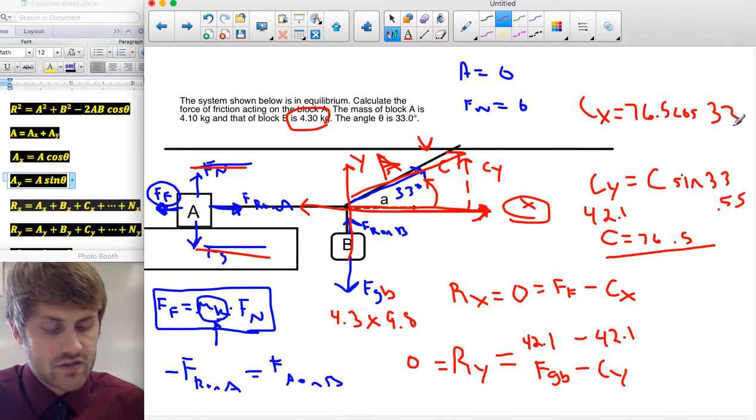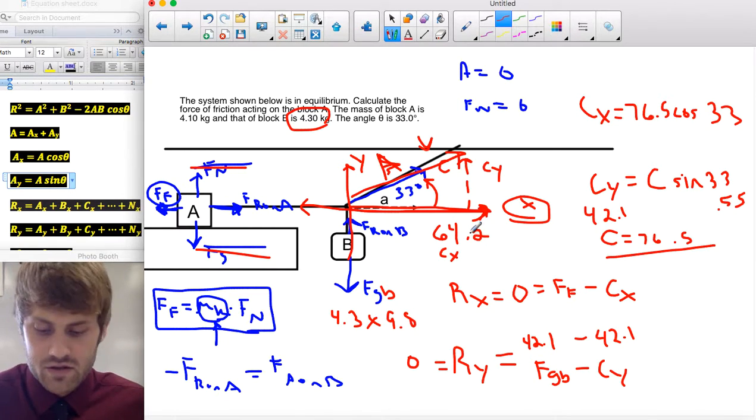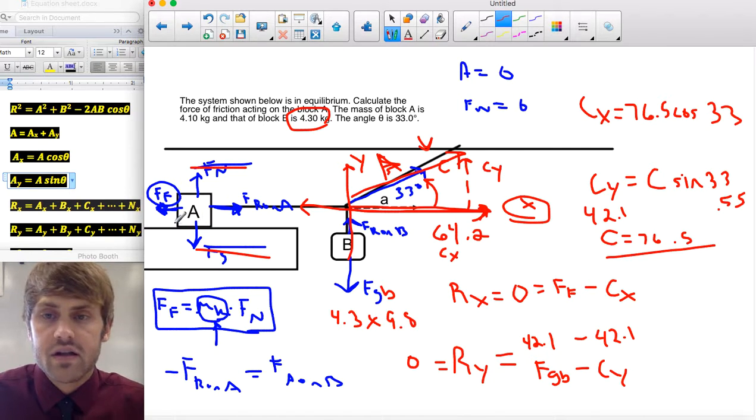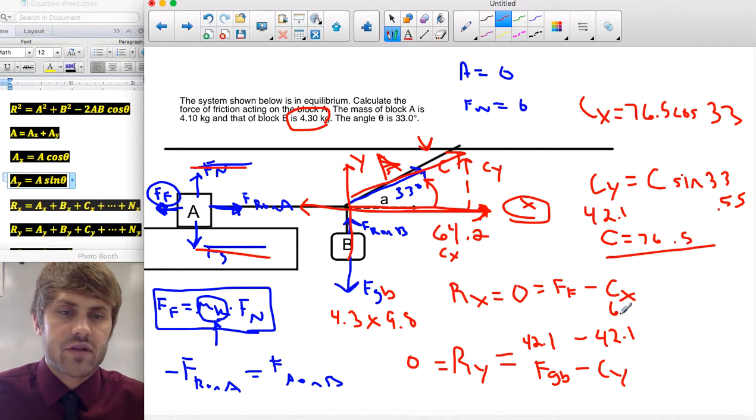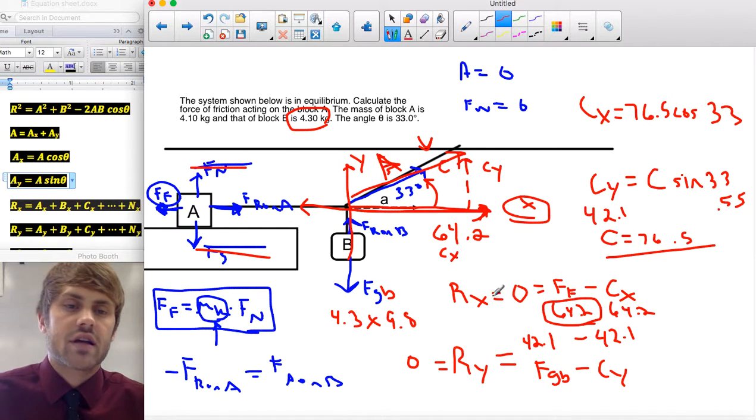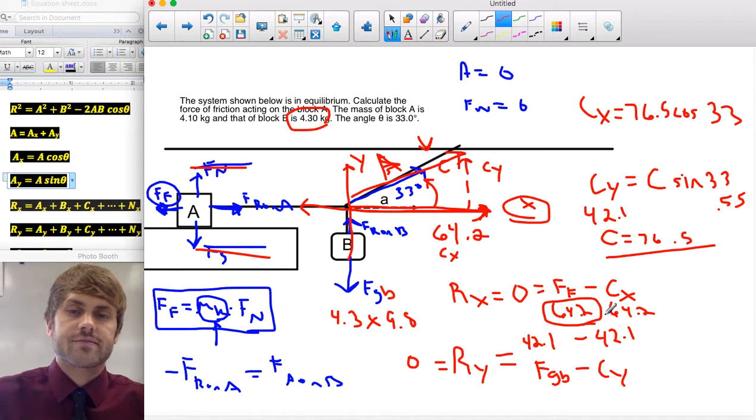So if I take 76.5 times the cosine of 33, I find out that my C of x is equal to 64.2, which means that in order for this to be an equilibrium, if I have 64.2 newtons this way, I must have 64.2 newtons this way for friction. So I found out that the force of friction acting on A is 64.2 newtons.